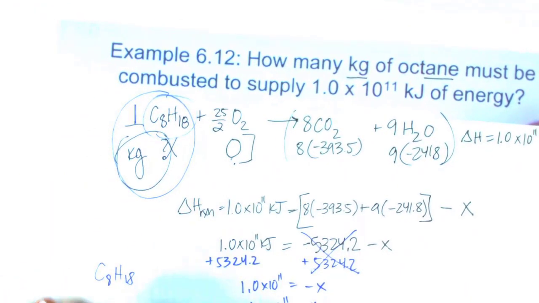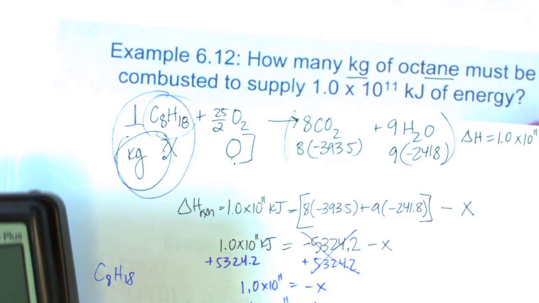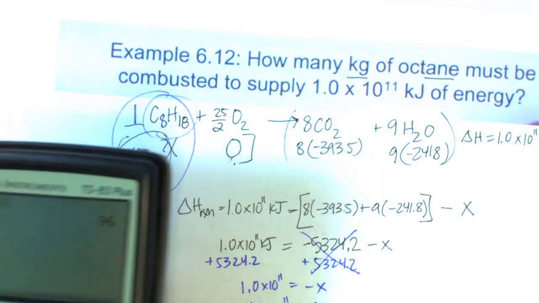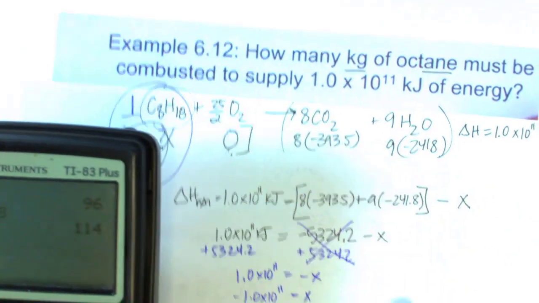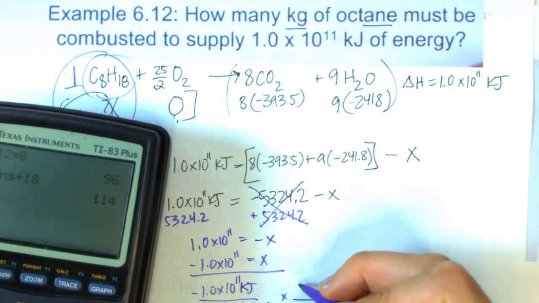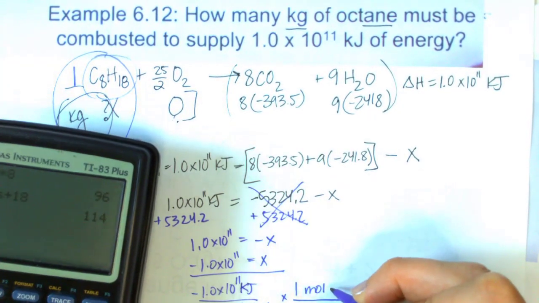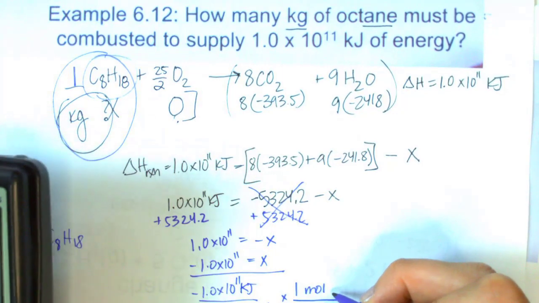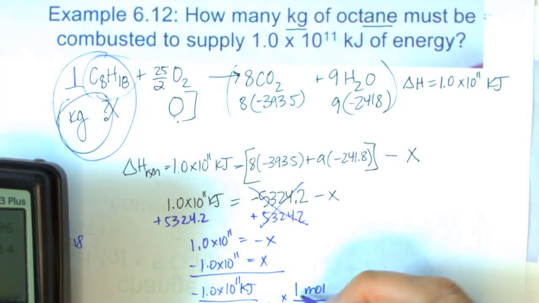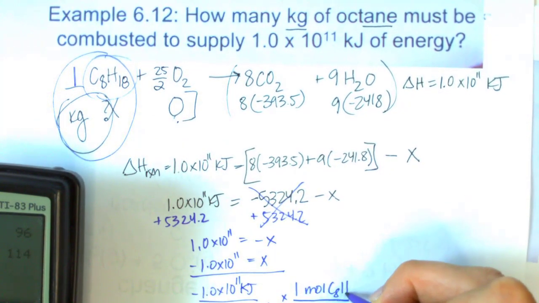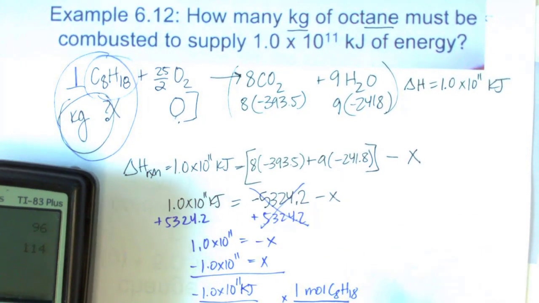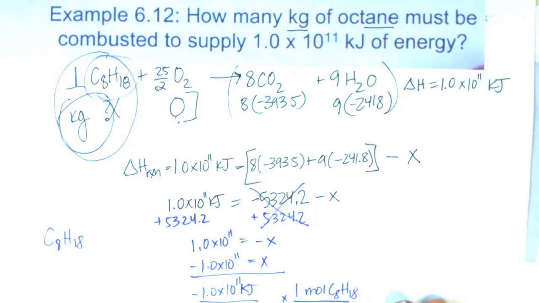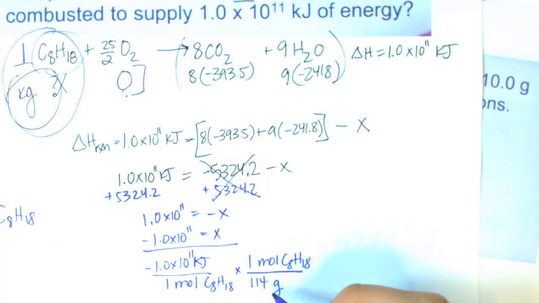So 8 times 12, the molar mass of carbon is 12, so 12 times 8 is 96, plus 18, because there are 18 hydrogens. So let's say 1 mole of octane has a molar mass of 114 grams.